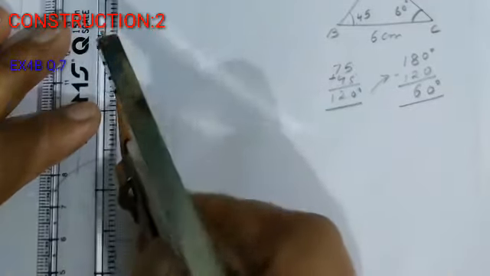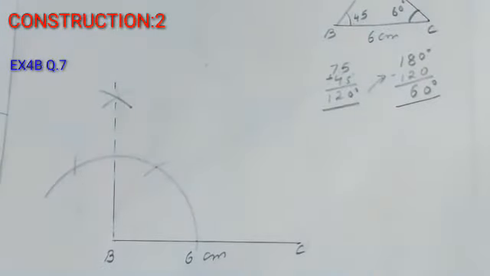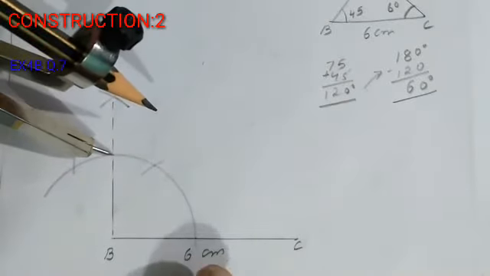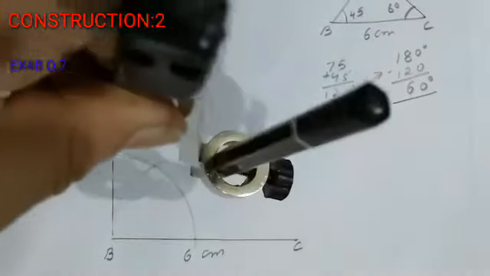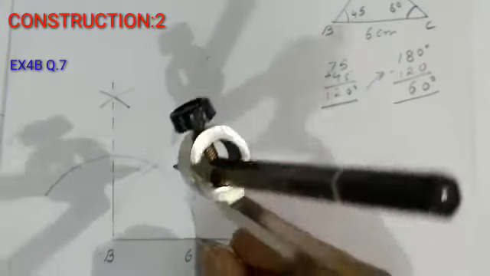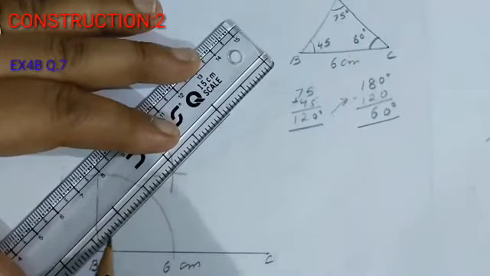So let's complete with the dotted line because we are interested in the 45 degree angle. When you bisect this angle, placing the compass on these 2 points, you will get the angle of 45 degrees. Step 2, to construct an angle of 45 degrees, is over.